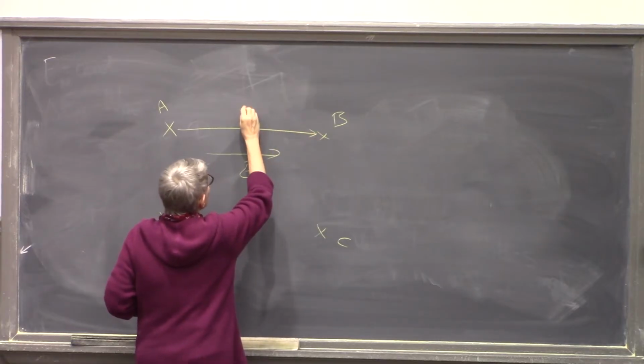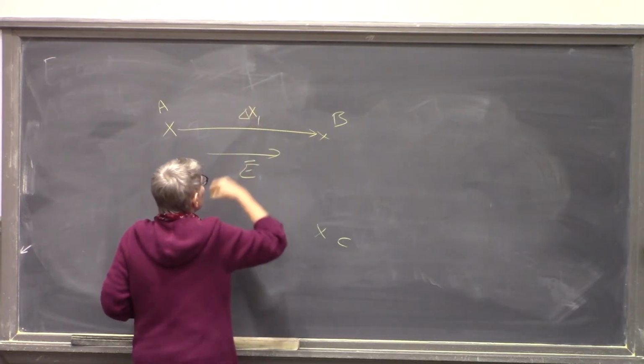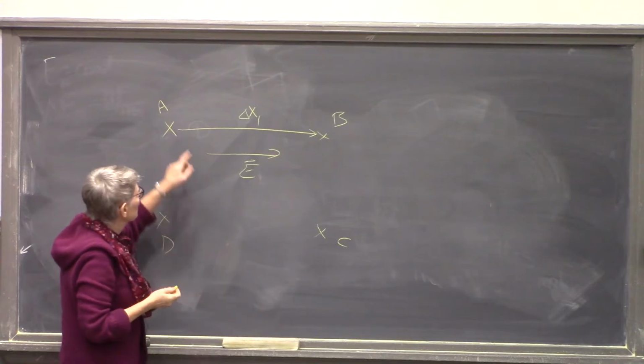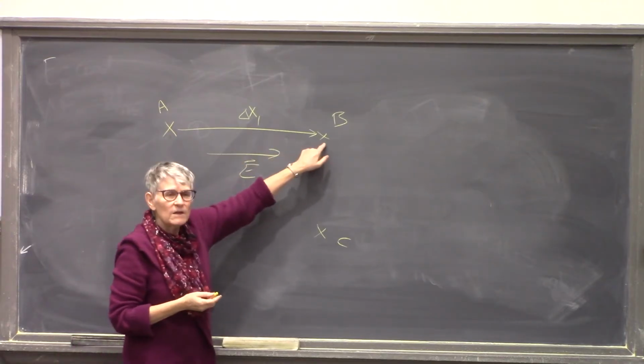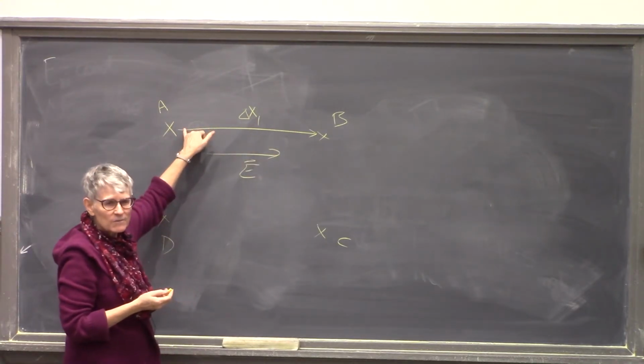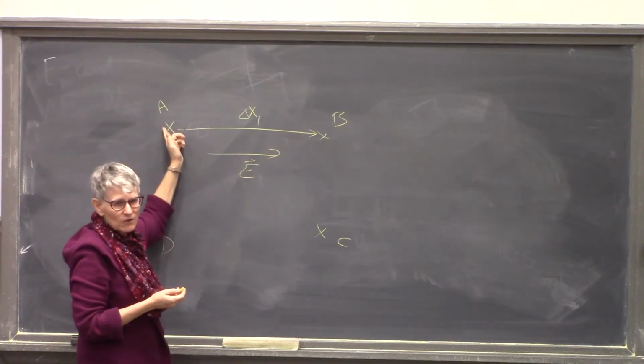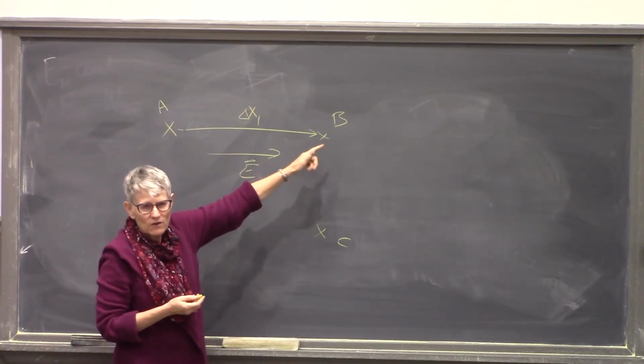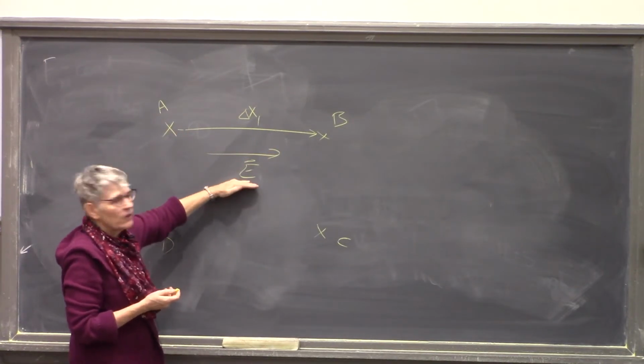So here's our segment, VB minus VA. So it's always final minus initial. The path goes from the initial to the final location. We knew how to do that.